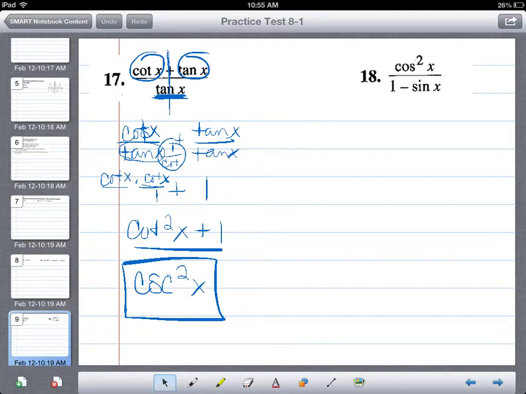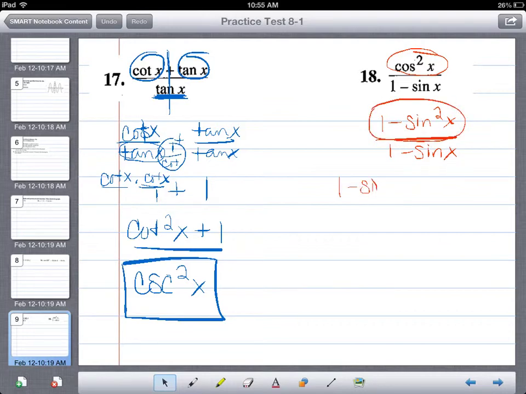For number 18, I have a cosine squared over 1 minus sine squared. Okay? What I would probably do is rewrite cosine squared, use my Pythagorean identity, and rewrite it as 1 minus sine squared x, and put that over the denominator. Now this is the difference of squares, so I can factor this out as 1 minus sine x and 1 plus sine x.